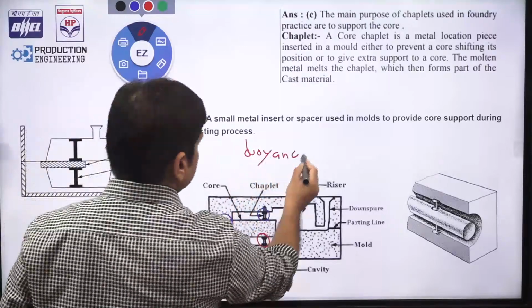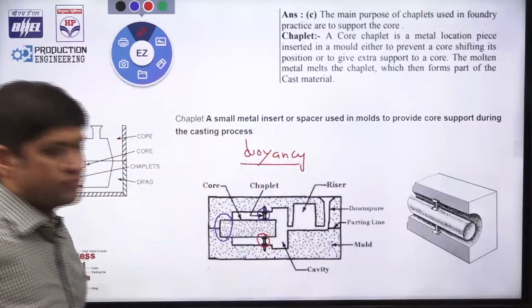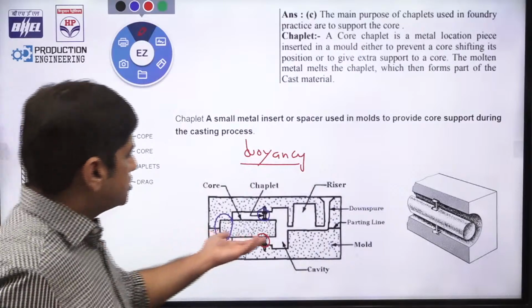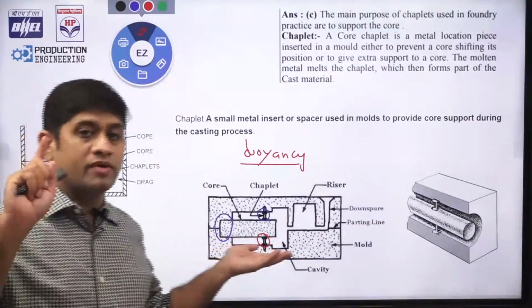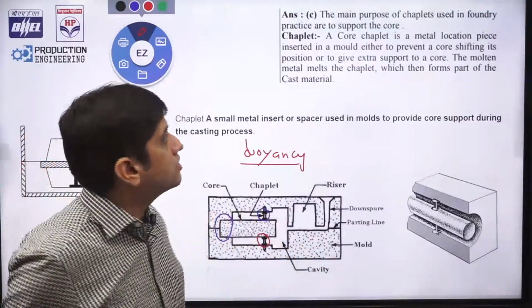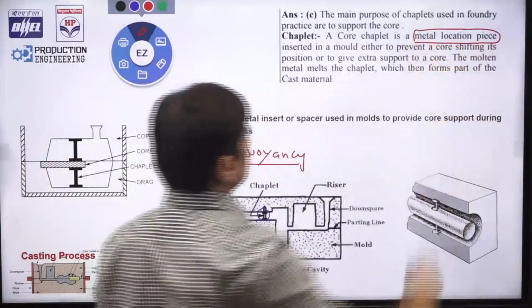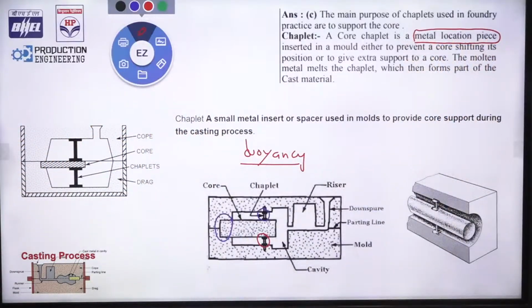So what force acts on the core? The force which acts on the core is called buoyancy force, and to prevent that buoyancy force from shifting the core, we provide the chaplet. Chaplets are nothing but metallic location pieces. Location means they will fix the core at one particular point and not let the core shift its position.